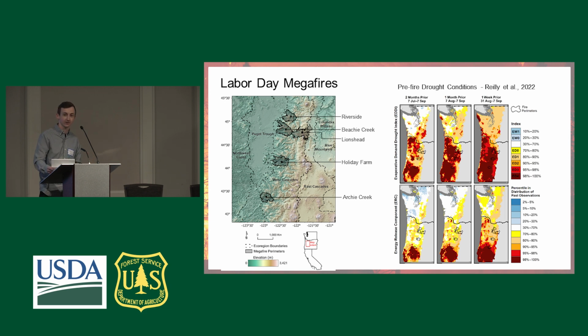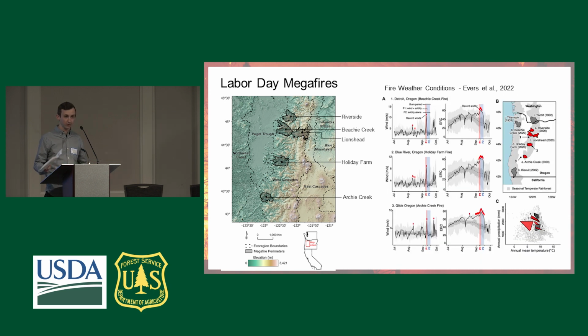So we can see that there are a lot of dry conditions, especially 1 week prior to the fire, on the right side. And then on the bottom, we have the energy release component, which is about fuel aridity. While pretty dry, especially right before, at the lower end of it, the Archie Creek fire is especially dry, with lots of dry fuels to burn.